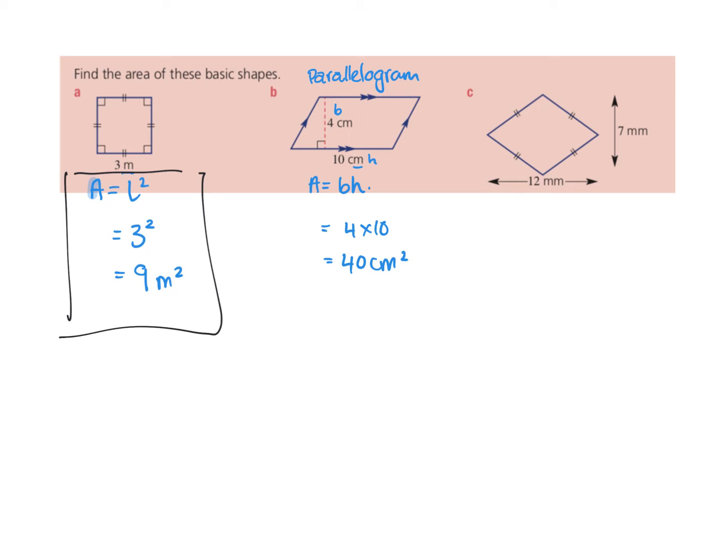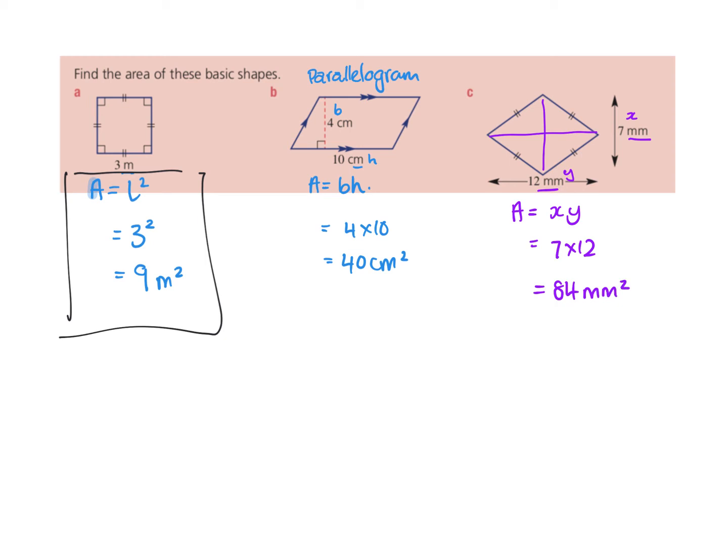If we look at this one, millimeters and millimeters, that's fine. And this one is a rhombus. Remember, they're saying the area is X times Y. Across here is the Y and across there is the X. So we can say it's 7 times 12, which is 84 millimeters squared.